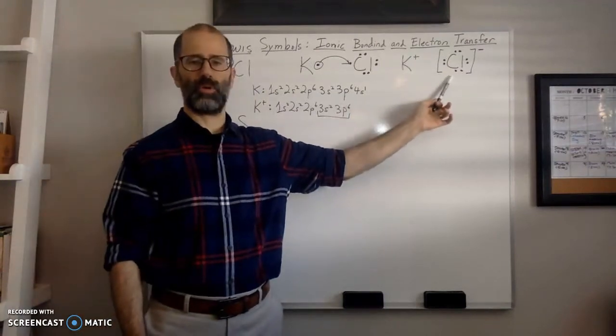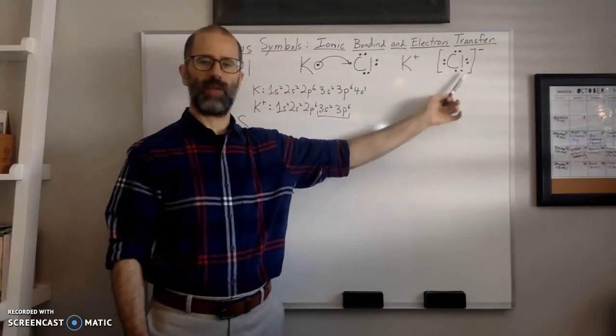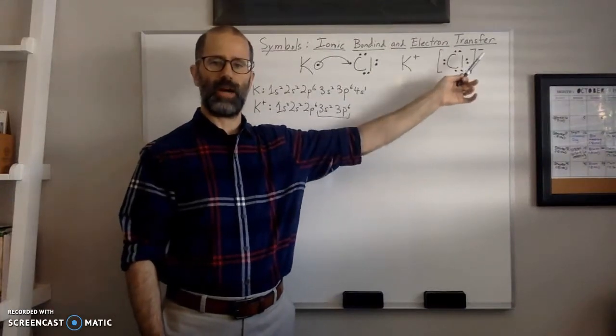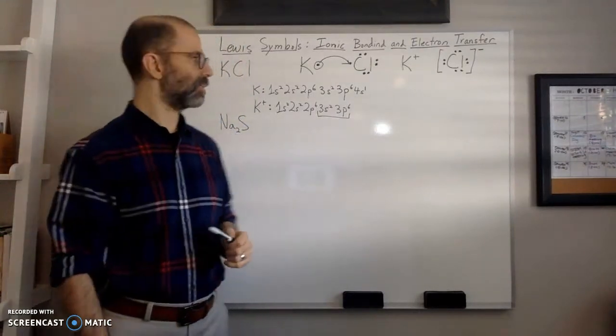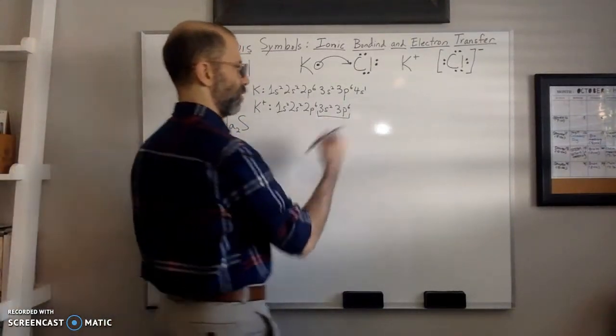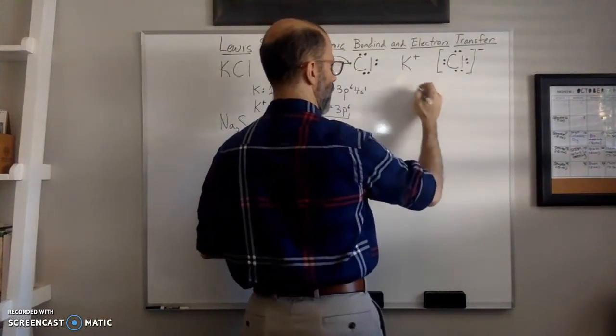But for the Lewis symbol, you're going to have a full octet. You have your dots around the symbol, and then you have the charge on the outside of the 2 brackets. So when you write this together, since we have plus and minus, that's going to balance out.